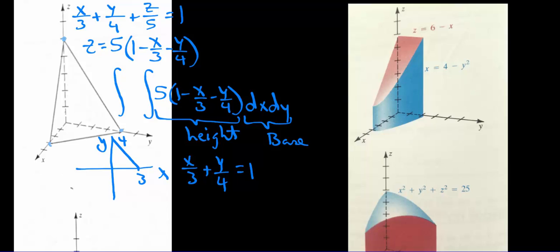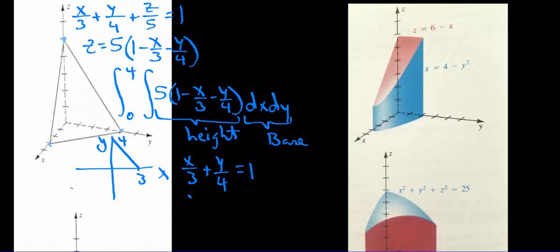Now remember, I'm integrating with respect to y last, so let me get that outside integral. What does y do? Y starts at 0 and goes to 4. But now I've got to figure out what x does. Well, now we take a step back.